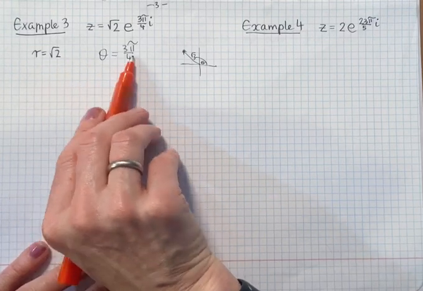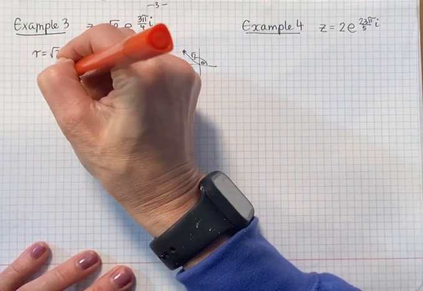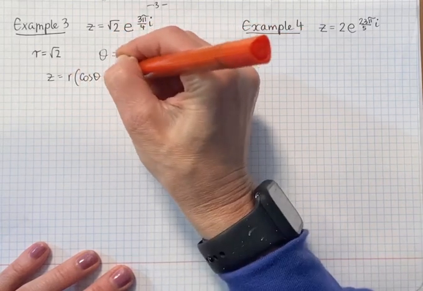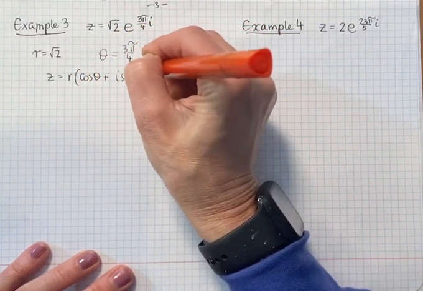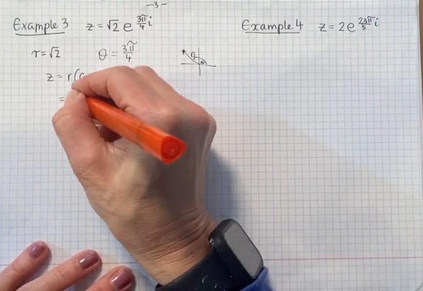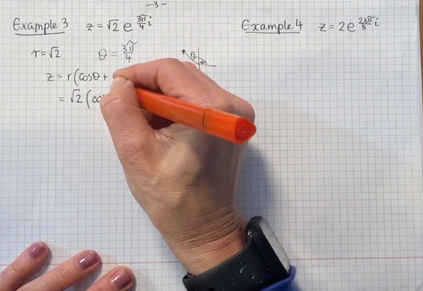So simply substitute these values into the trigonometric form. There's your z is equal to r cos theta plus i sine theta. We're going to replace the value of r with root 2 and the value of theta with 3 pi over 4.